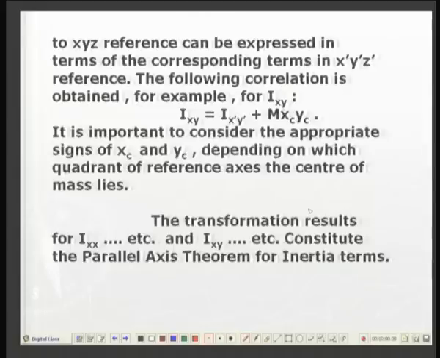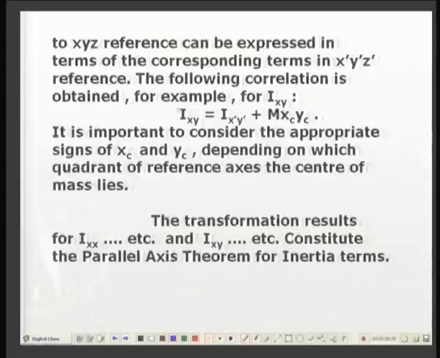The procedure is exactly identical: you write down the expression in the new coordinate system and then expand the terms. For example, in the Ixy expression you will have x and y terms, which can be written as xc plus x dash, and similarly y will be written as yc plus y dash.